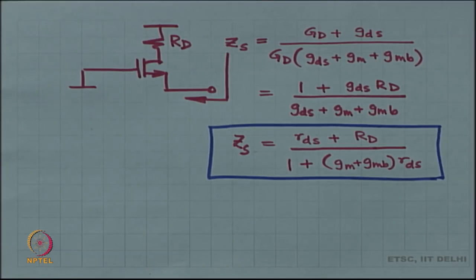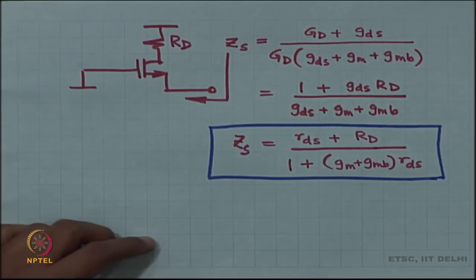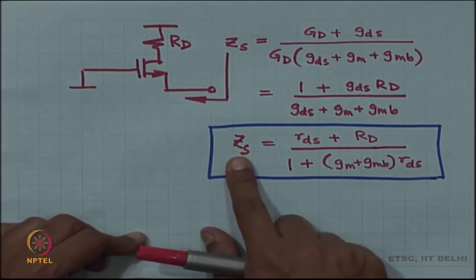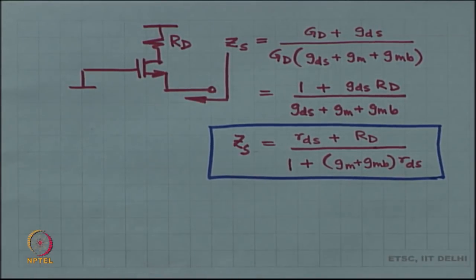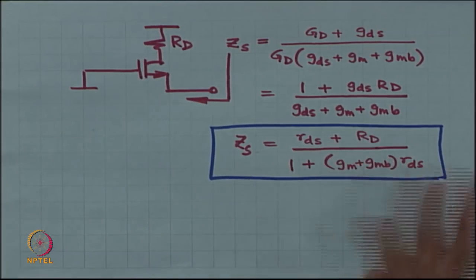Then normally what happens is that this impedance is fairly low. So, looking into the source of the MOSFET, you normally see a low impedance. Normally RD is going to be of the range of RDS, right. So, RDS plus RD, these are two similar numbers.